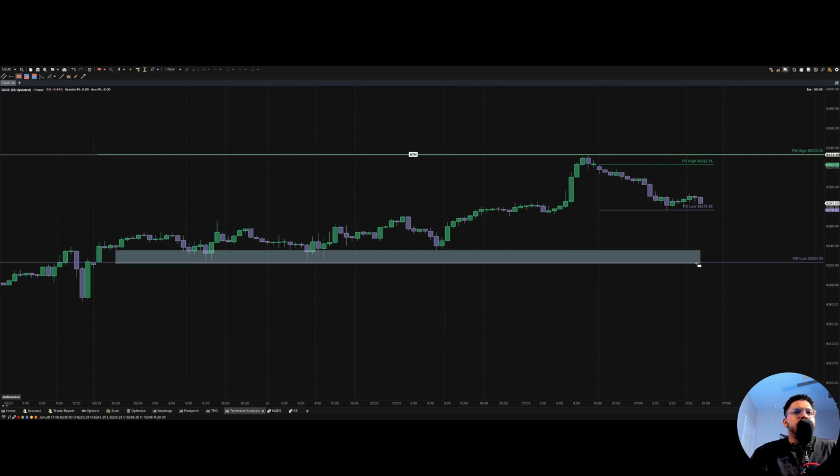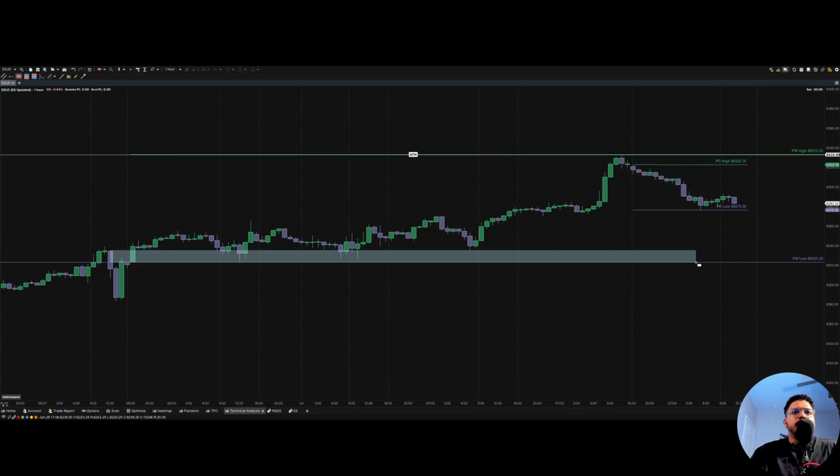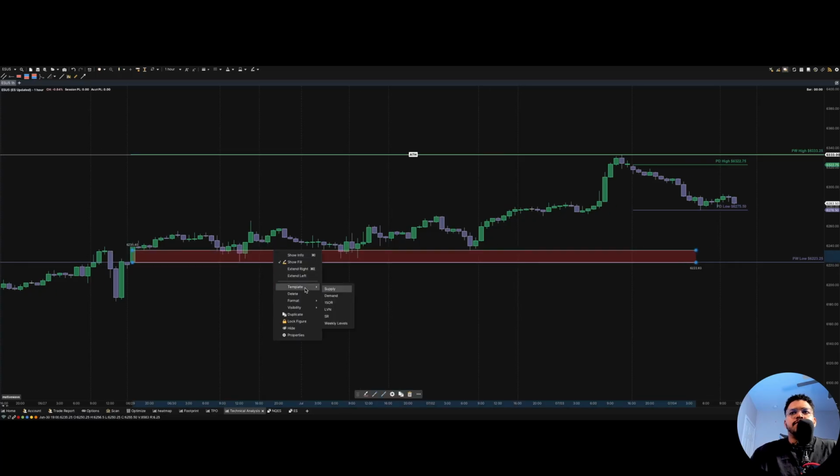So what I like doing is I draw this box right here, boom, and I do have a template for it. I call this my weekly levels. So that's one level that I'm looking at right here.